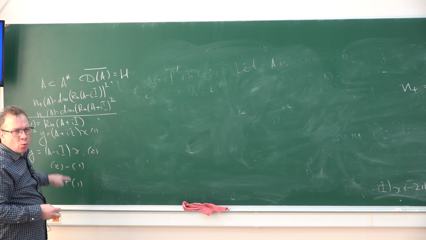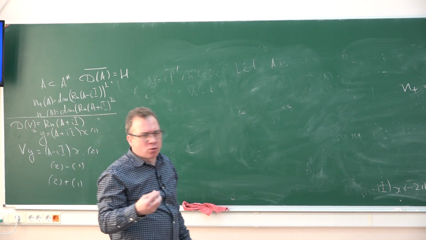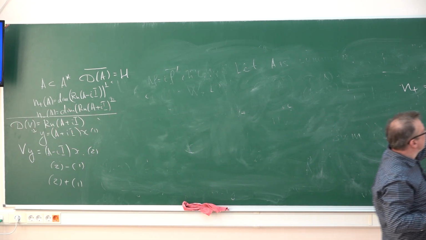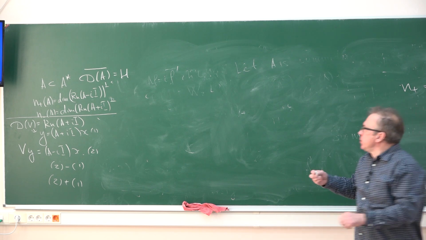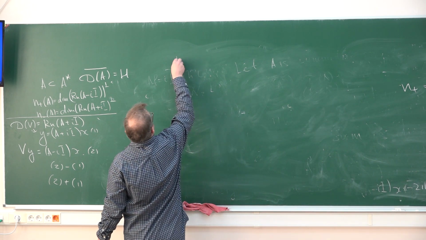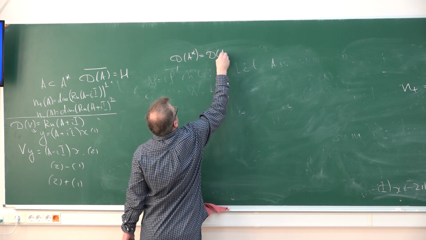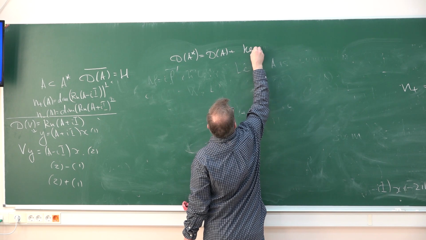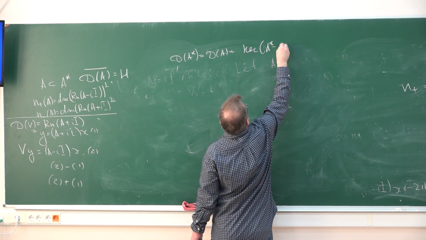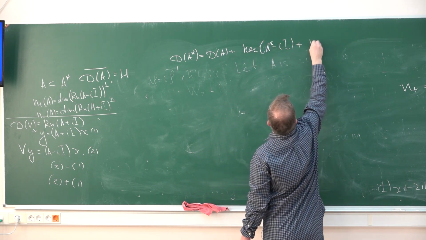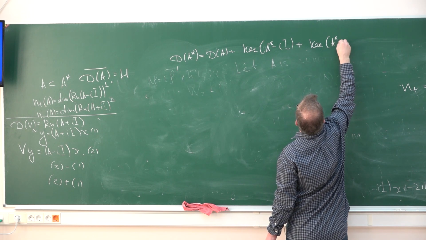Yes? It is more convenient to write the isometry not from these spaces, but we have the representation that D(A star) equals D(A) plus ker(A star minus I) plus ker(A star plus I).